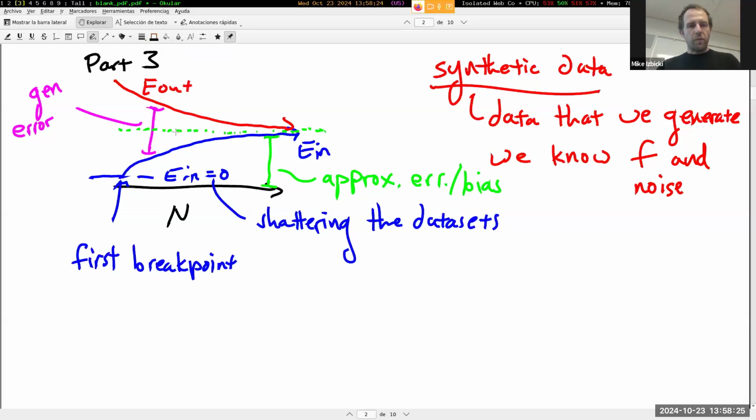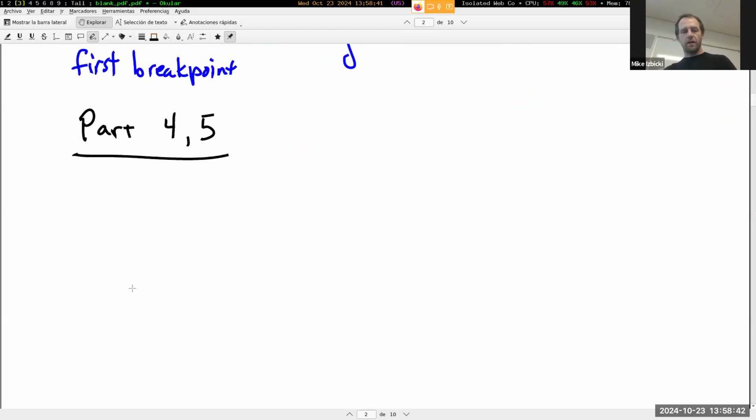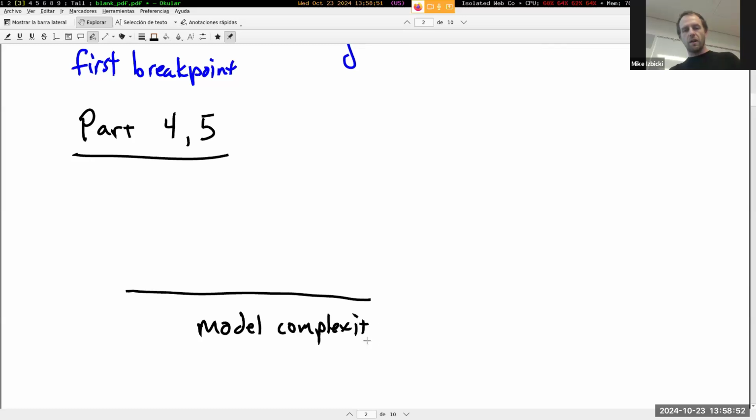So this is the part 3 plots. It'll have a handful of things that you have to do related to plots looking like this. Then parts 4 and 5 are related to the plots that we've seen a little bit more often. On the x-axis down here is our measure of model complexity. In part 4, that's going to be equal to the number of dimensions, which is equal to our d_VC.